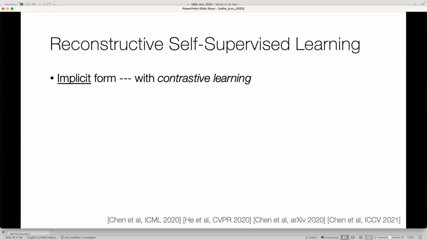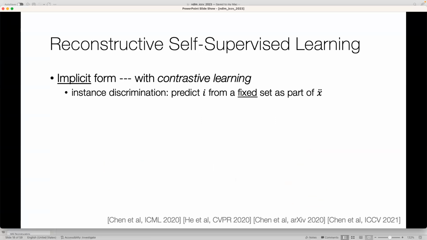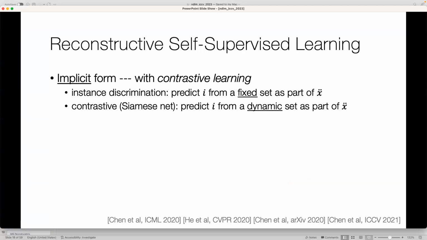And for contrastive learning, it's very simple. Instance discrimination is trying to predict the index from a fixed set. So if you have 10,000 images in the data set, you have 10,000 indexes. But for contrastive learning, because it uses a Siamese network, it actually provides a dynamic set.